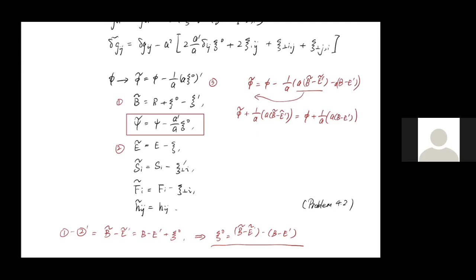Right? Then you find that this combination does not depend on the gauge transformation, because the 4-vector for the infinitesimal gauge transformation doesn't appear in this combination. So we can define a new variable, which we call capital phi, to be this, and this thing is gauge invariant.